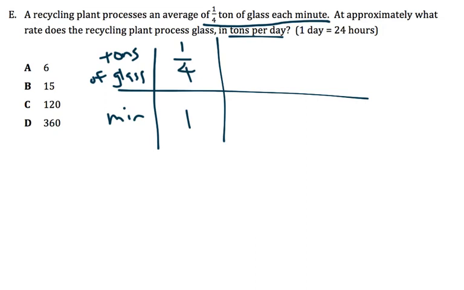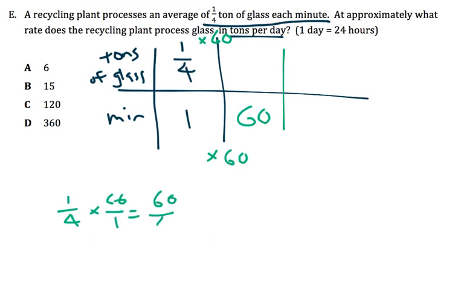So let's use the same strategy we used on the last problem. Let's try and get to an hour, which is 60 minutes. So 1/4 times 60 is just 60/4. And then 60 divided by 4, you could do like this if you needed to, and you'd end up getting 15. So that's the first part.